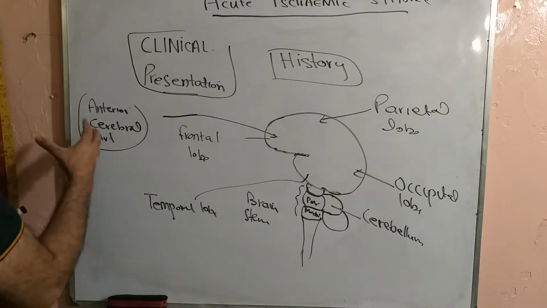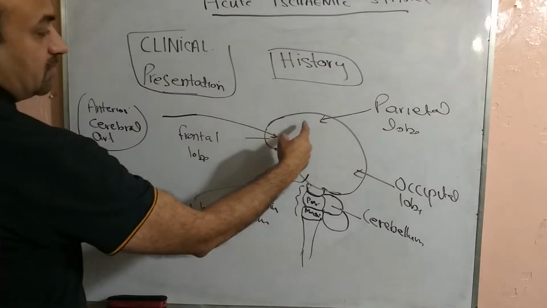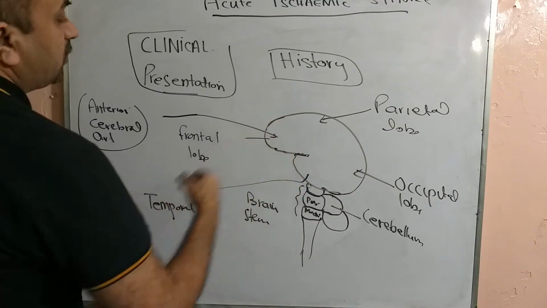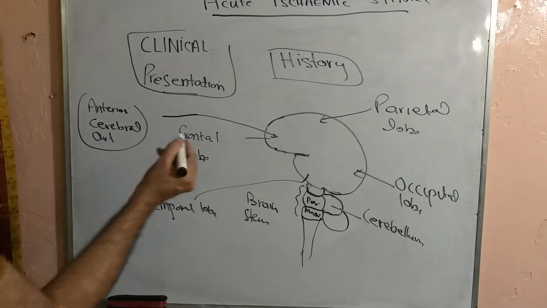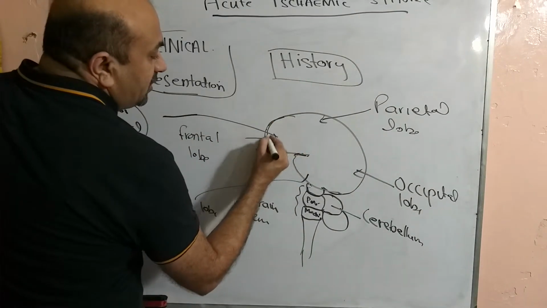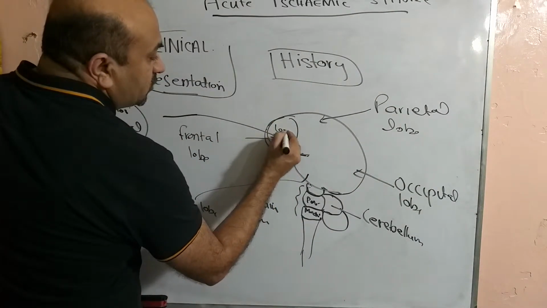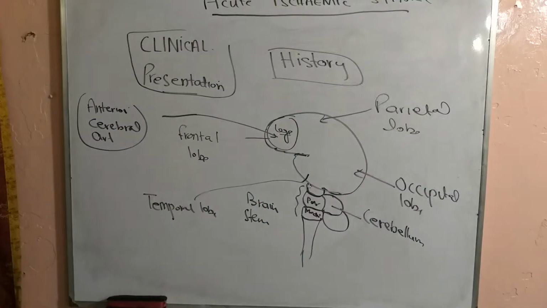So our personality comprises these frontal lobes. So when there is involvement of the frontal lobe and the anterior cerebral artery, then there are symptoms related to personality changes of a person. And moreover, in the frontal lobe, motor activity of the legs is controlled.